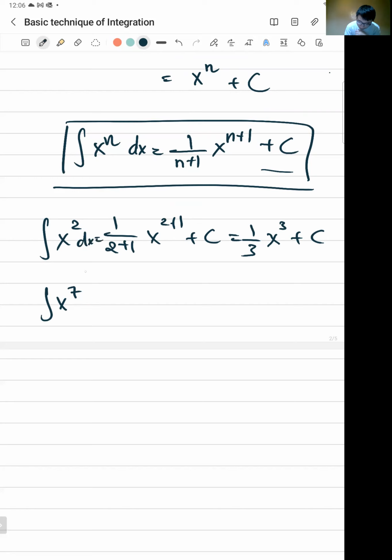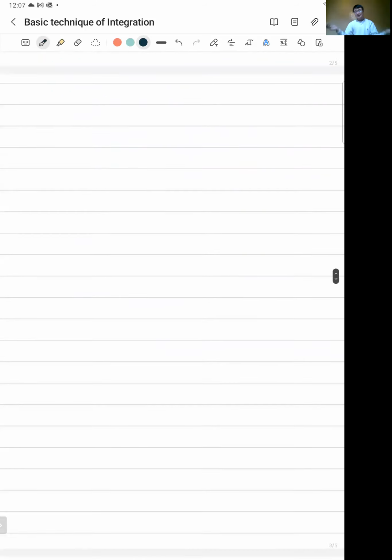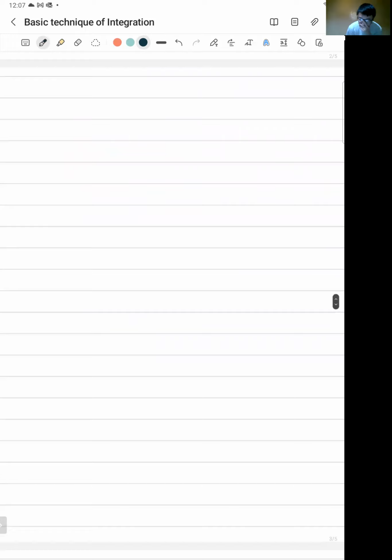My mistake. So 1 over 7 plus 1 times x to the power 7 plus 1 plus c is equal to 1 over 8 times x to the power 8 plus c. All right, great. Now I hope we got the sense of how it's going.